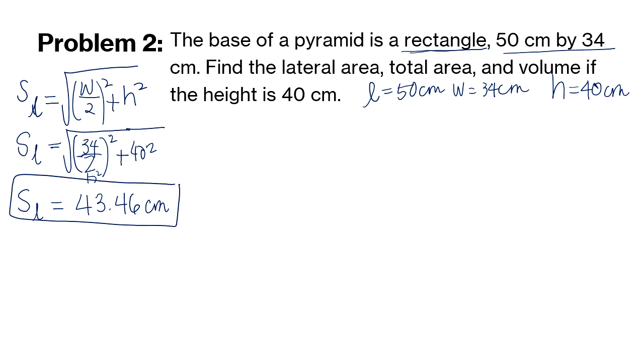For the slant height of the width, we have the formula square root of length over 2 squared plus height squared.